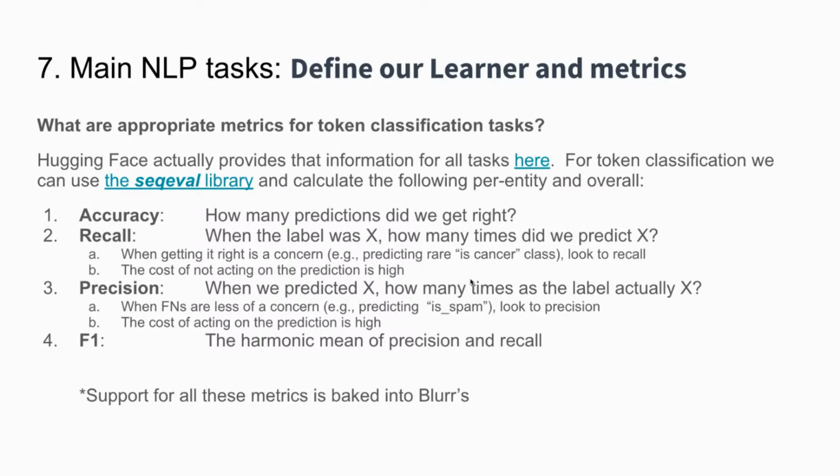Precision is a little bit different. Basically, in this case, we're looking at when we predicted X, how many times was the label actually X? And we use precision when false negatives are less of a concern. And so an example that you'll see is like predicting is spam.